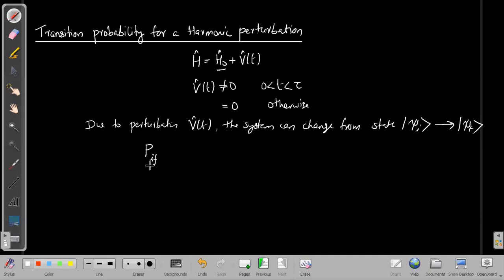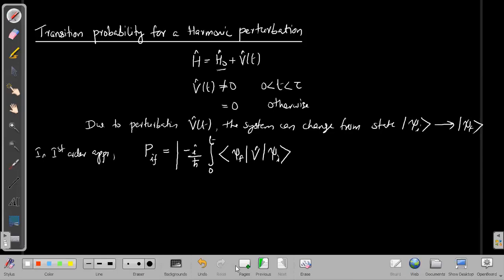The probability of transition from the state i to state f in the first order approximation is given by the modulus of minus i by h cross, integral 0 to t, the inner product psi f V psi i, e raised to i omega fi t prime dt prime.